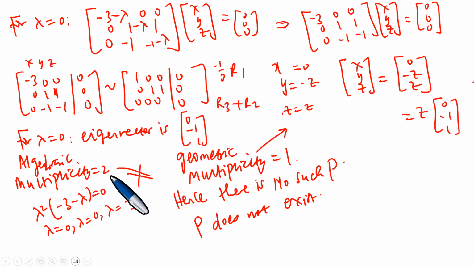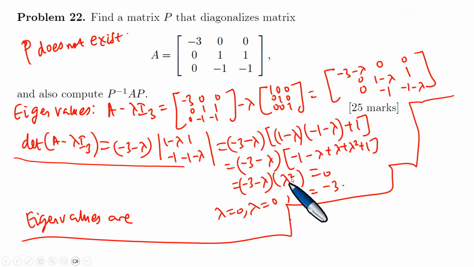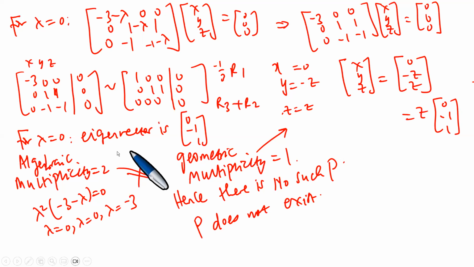Okay, this question normally has a bit more work. It takes a good amount of time to calculate the vectors, but I'm sure the method is pretty clear. Once you see that lambda squared, which is 2 values of lambda that are the same, produces only 1 vector, it's defective.